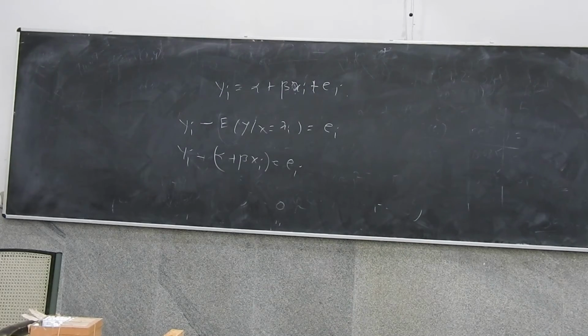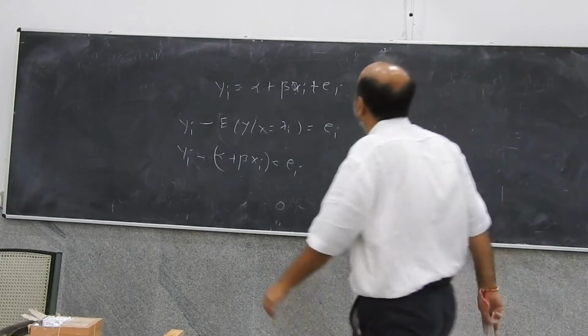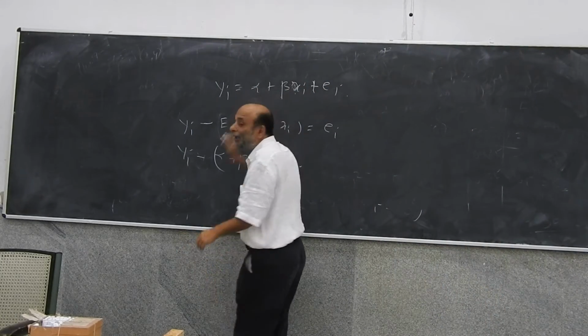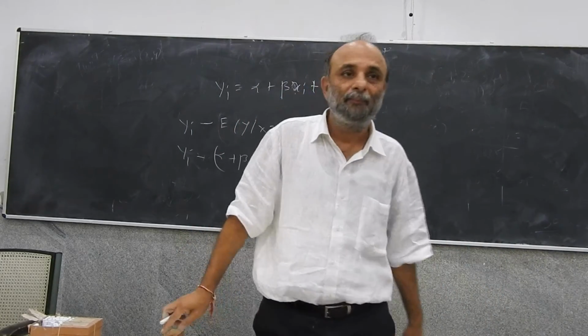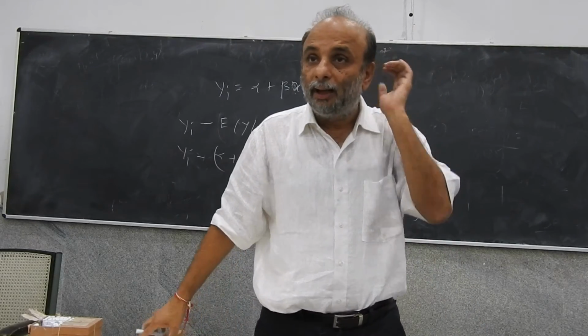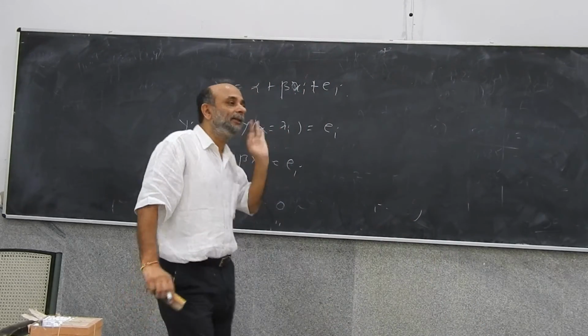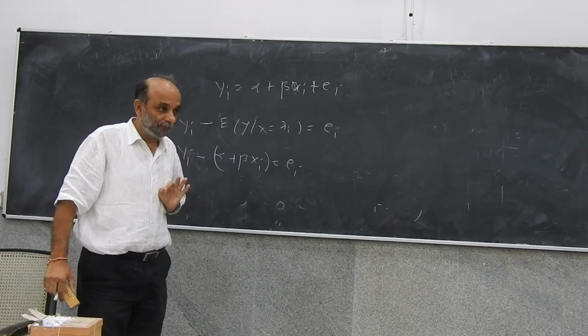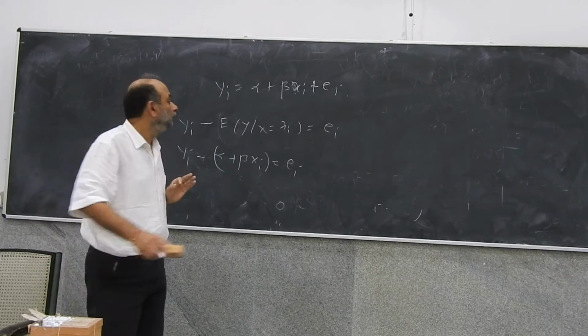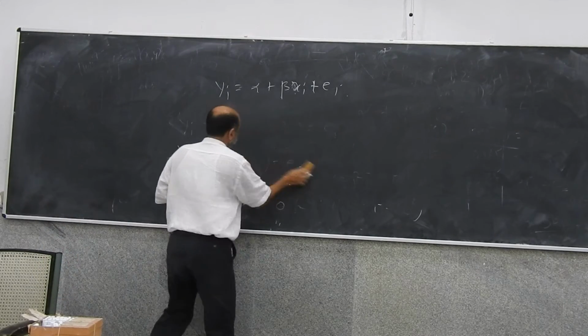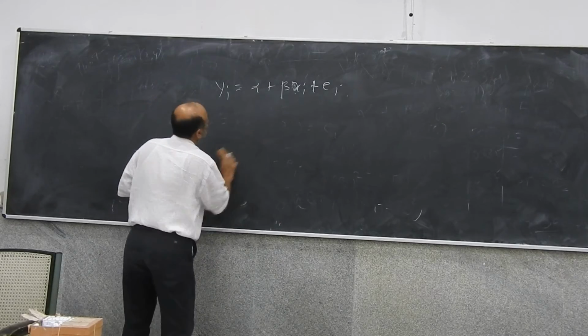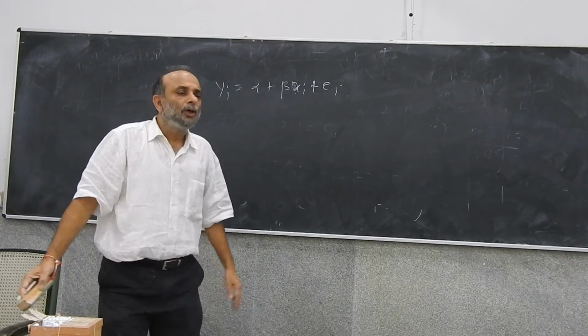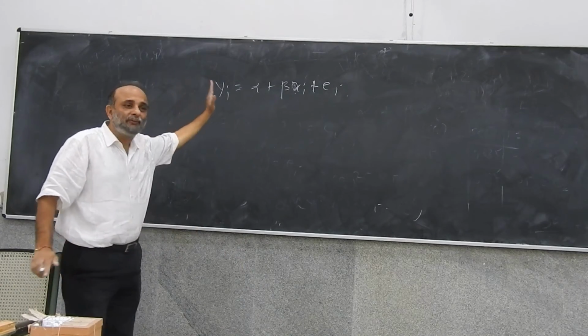What we need is a way of obtaining sample estimates of alpha and beta. I'll tell you one simple way of doing that. So suppose I have this. Let me find out the covariance between y and x.